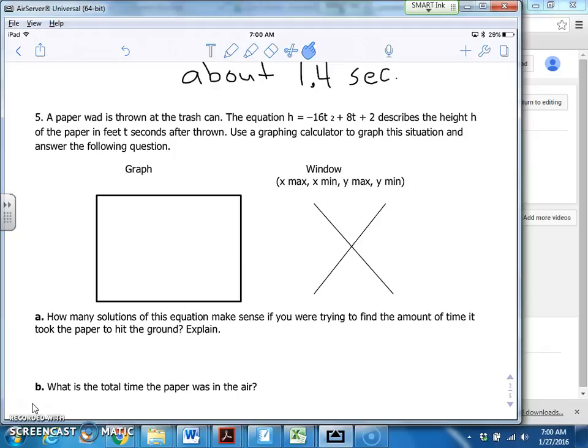The equation h equals -16t squared plus 18t plus 2 describes the travel. So when we graph it, we're going to change that h to y. So we're going to have y equals, and we're going to change the t to x. That's what our calculators deal in. And then we're going to graph it. So I'm going to go back to my Desmos.